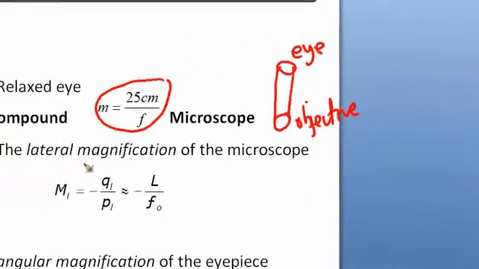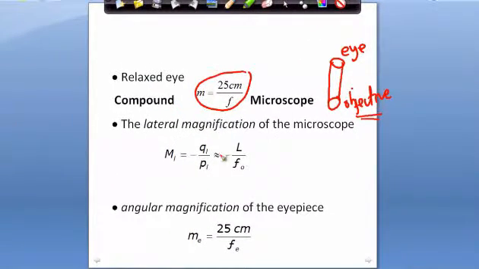The lateral magnification of the objective lens is minus q over p, which is approximately equal to the length of the microscope divided by the focal length of the objective lens.